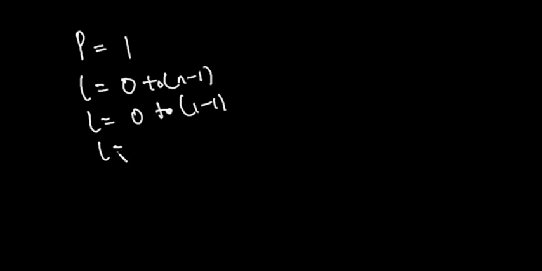And that gives L as 0 to 0, which is 0. So when you have 1 as the principal quantum number, you are going to have just one subsidiary, and that one has a value of 0. Now mind you, 0 doesn't mean nothing. 0 here is for the s subshell.